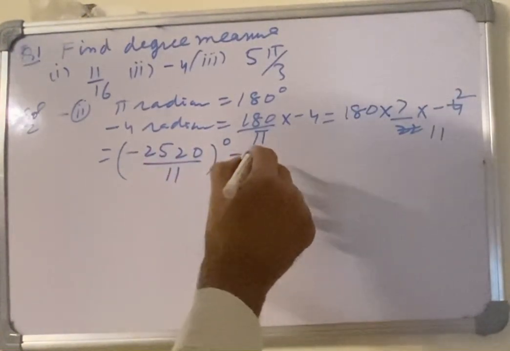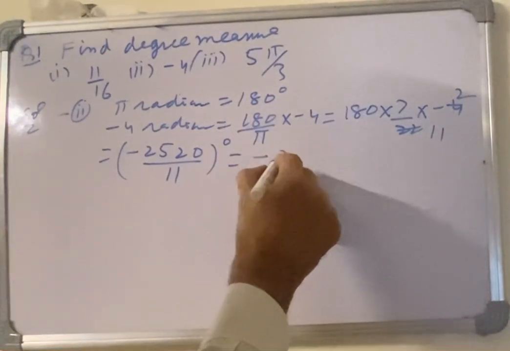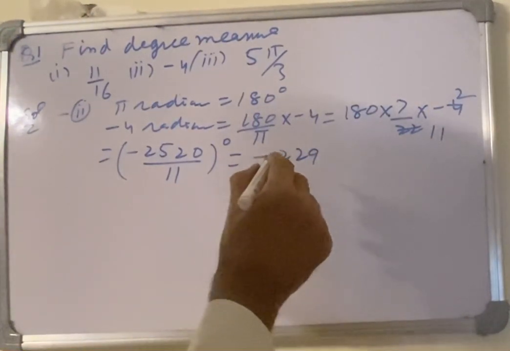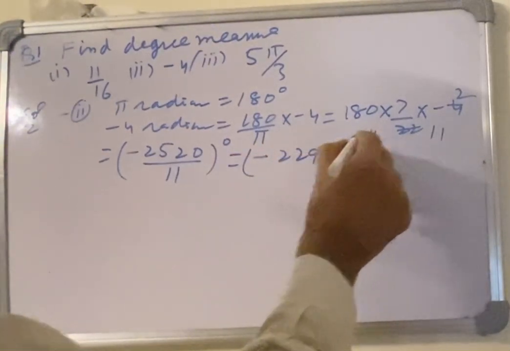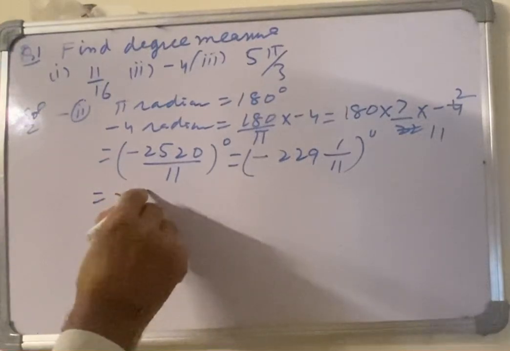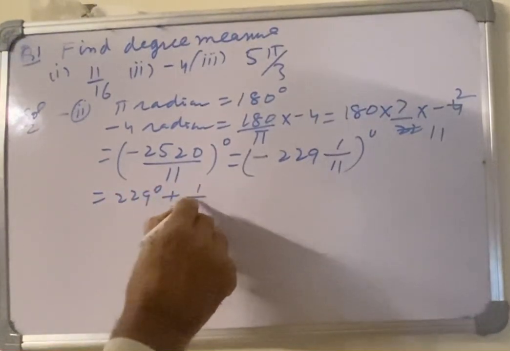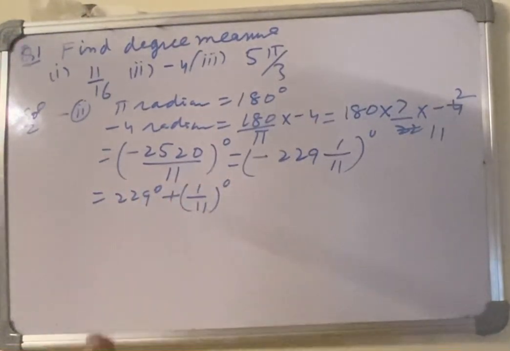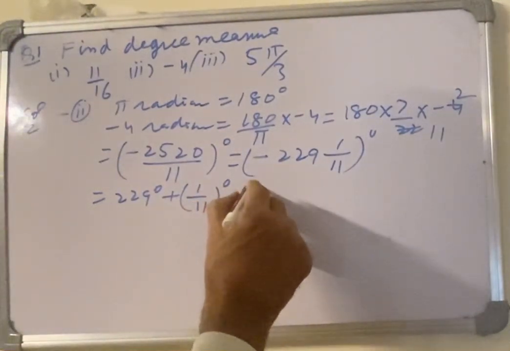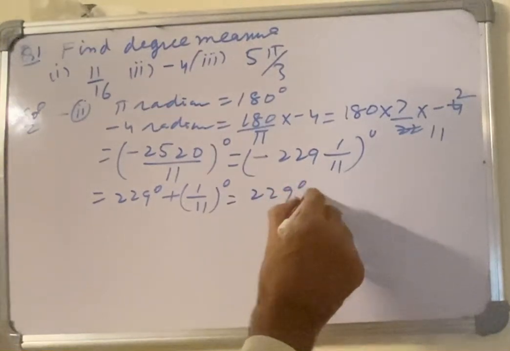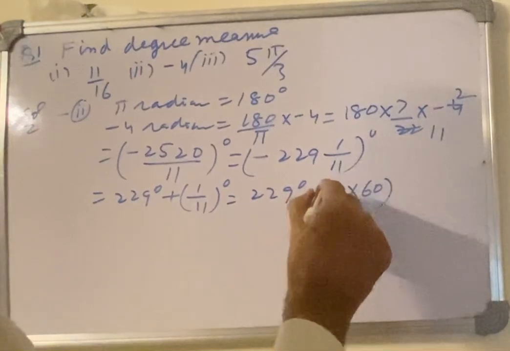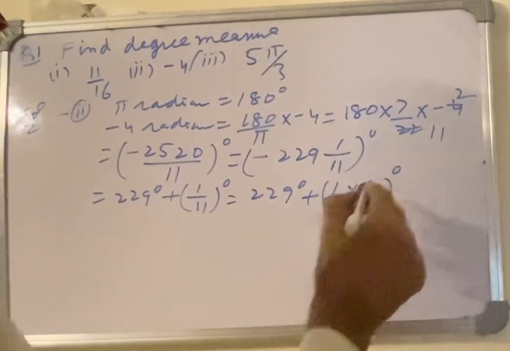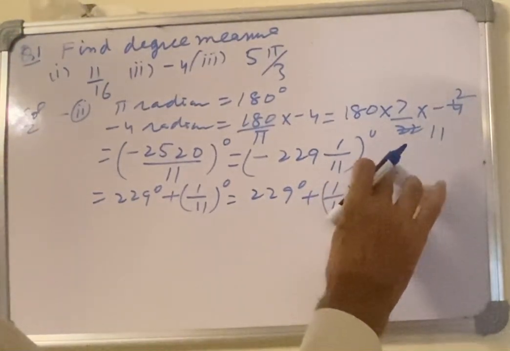It is minus 229 1 by 11 degree. So we shall write it as 229 degree plus 1 over 11 degree. We shall convert this fractional part into minute by multiplying by 60. 229 degree plus 1 over 11 into 60 minutes.